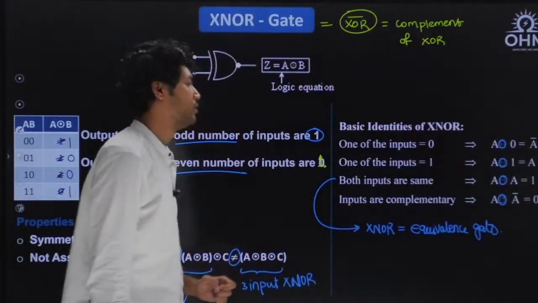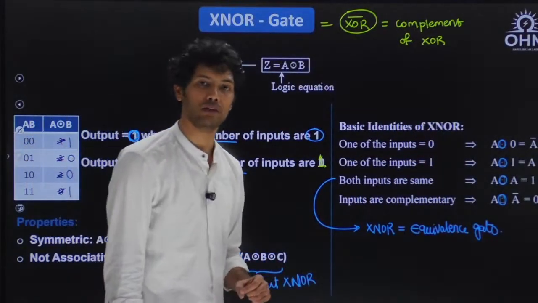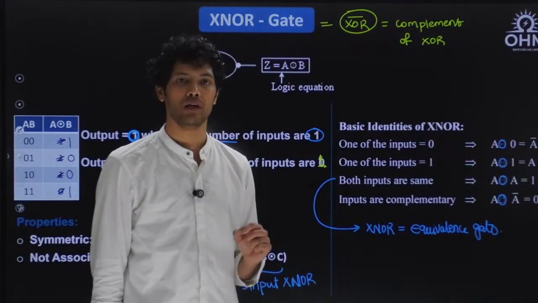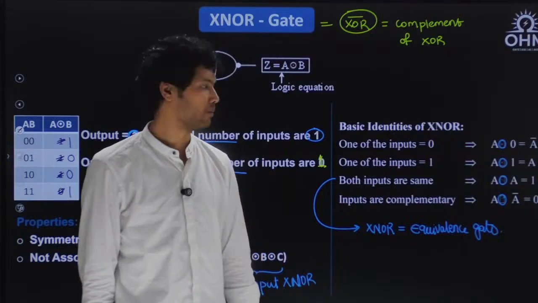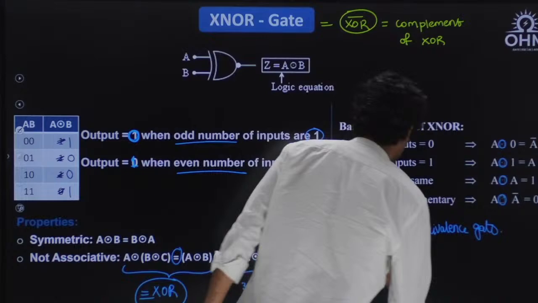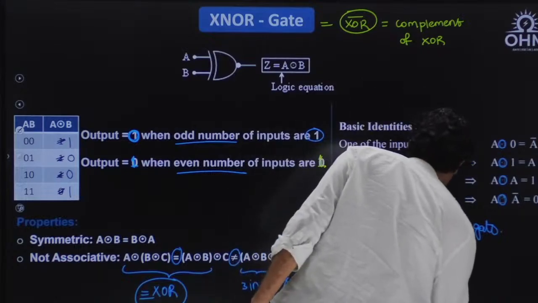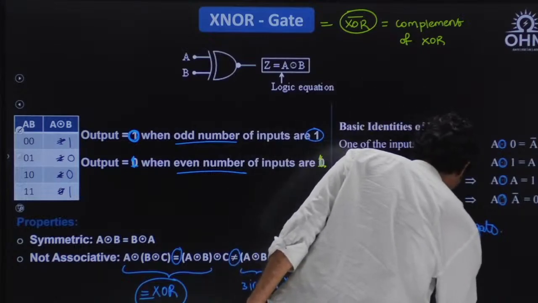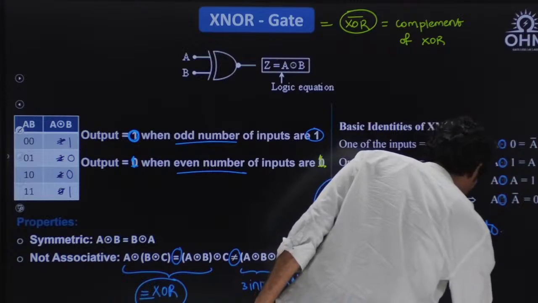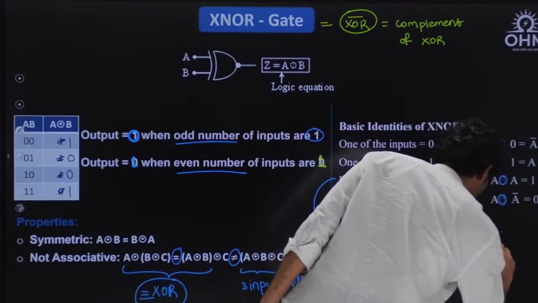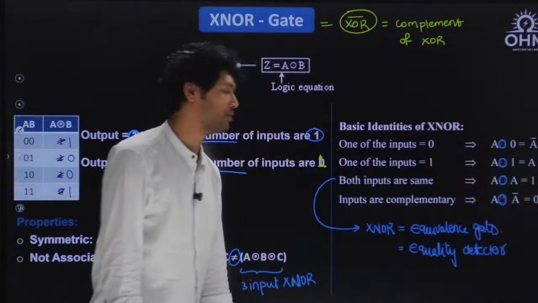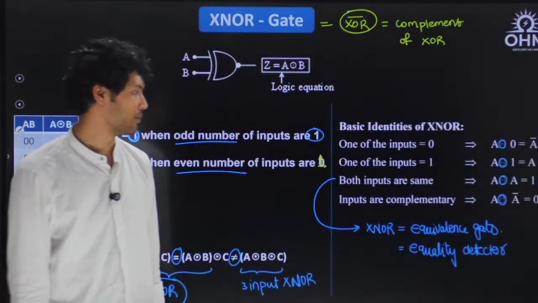Okay, so XNOR gate is also called the equivalence gate because it is finding out if the inputs are equal or not. Or one more meaning is basically equality detector. The other name is nothing but equality detector, etc.